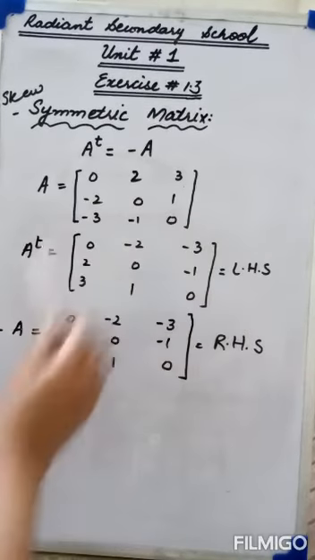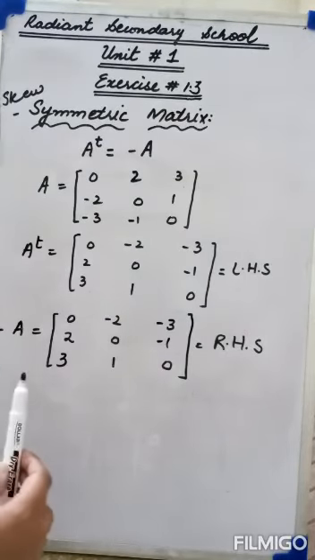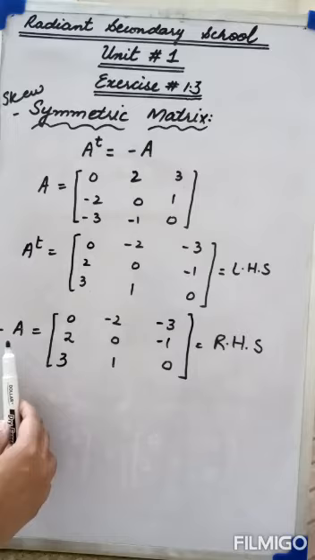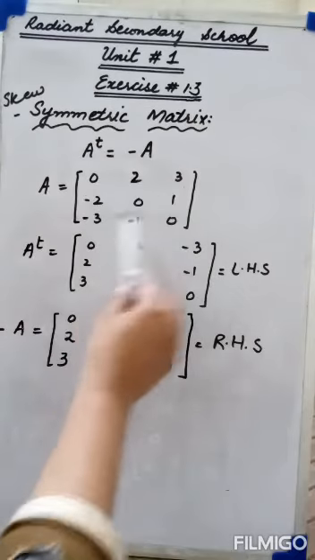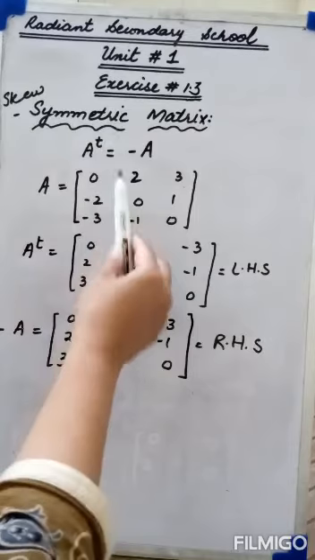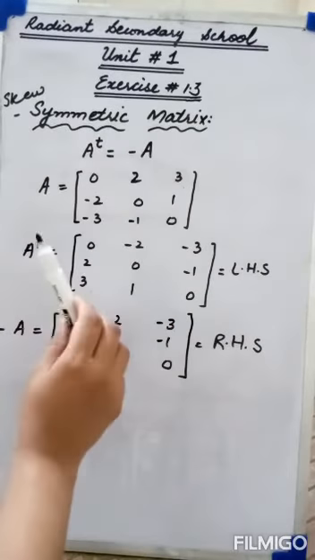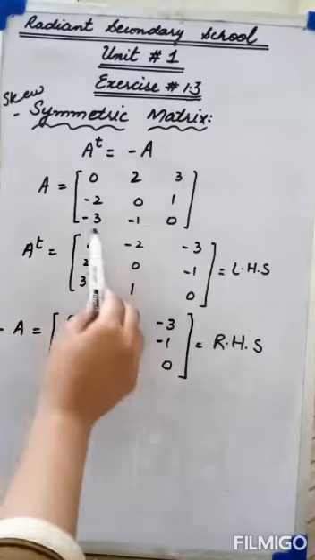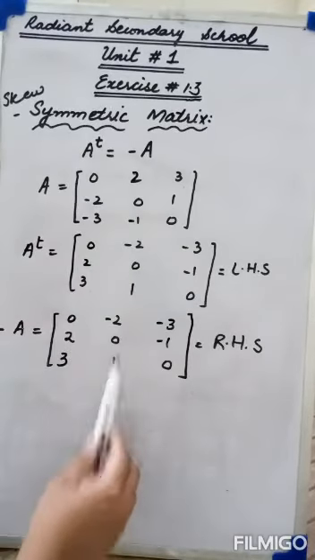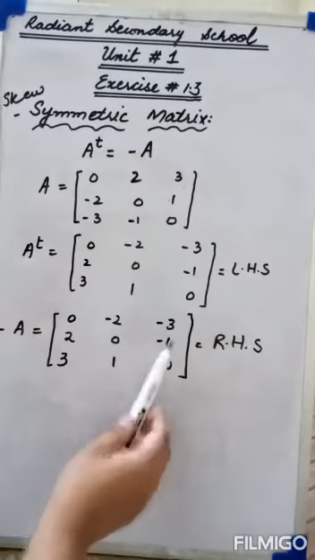Now the right hand side is the negative of A, and you know for the negative of a matrix, you change the sign of each and every entry. So I have changed all the signs. This 0 will remain 0 because we do not put any sign with 0. Then all positive numbers are negative now, and negatives are positive now. This was positive and it is negative now.